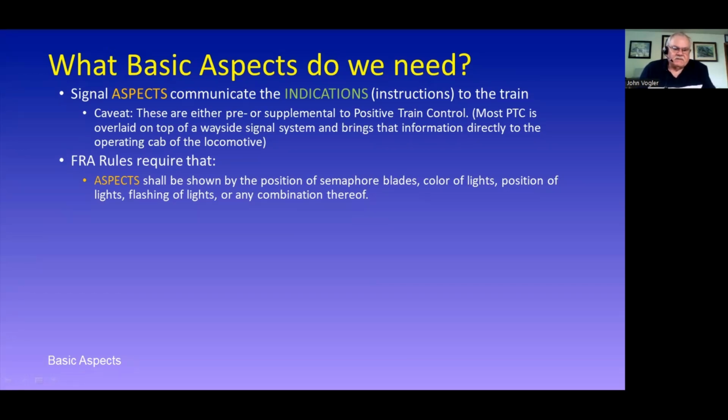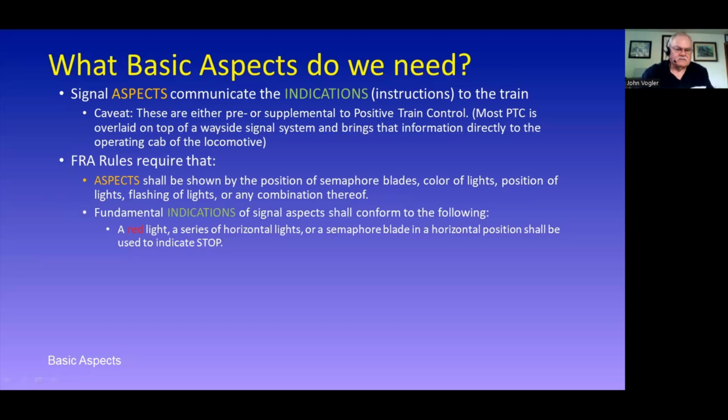Specifically, it could be the position of a semaphore, the color of lights, the position of lights, the flashing of the lights, or any combinations of those. But they also say that the fundamental indications shall conform to the following. So I was saying the pink, well, you've got to use a red one, or a series of horizontal lights, or a semaphore blade horizontal to indicate stop.